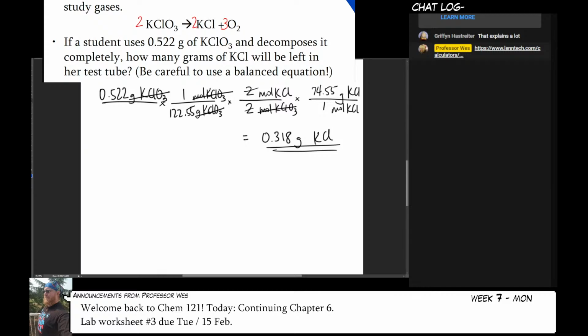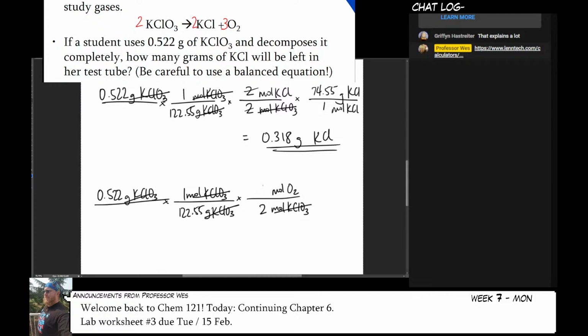Now, we could do the same problem again, and instead of grams of KCl this time, we'll get grams of O2. So this is all going to be exactly the same for the first few steps. And then when I get to this part, we're just going to do moles of O2 instead.